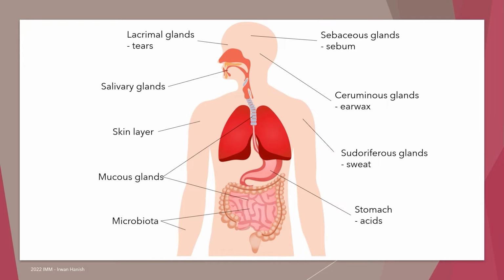Your skin layer prevents probably most potential threats to your health every single day, and it has sudoriferous glands and sebaceous glands that produce substances that can kill potential pathogens, and so many other things that we take for granted. So now that you know this, you should be more grateful than before. This is an example where learning natural sciences can actually improve your spirituality as much as human sciences like theology or philosophy.